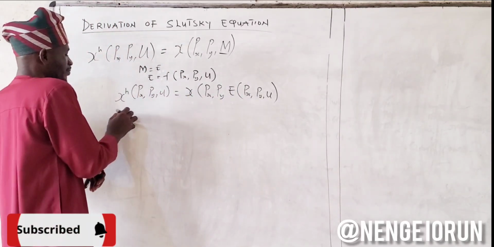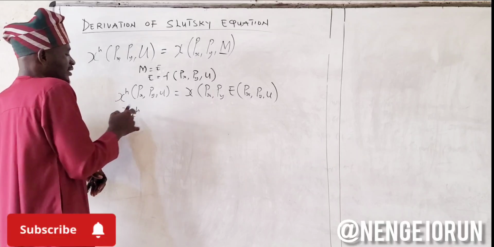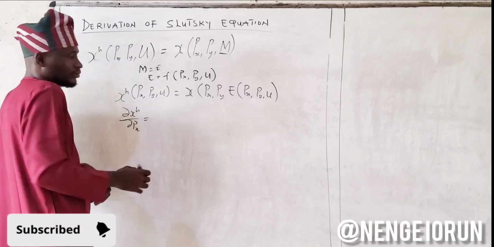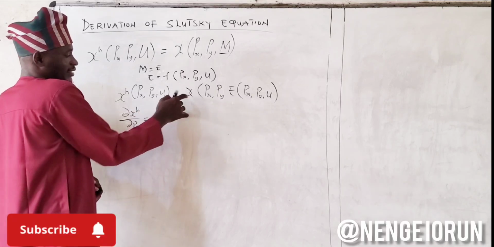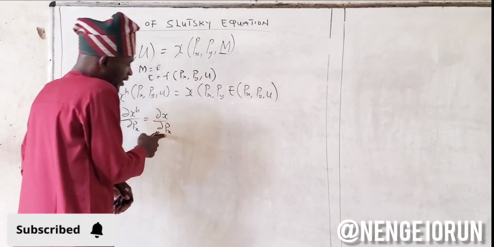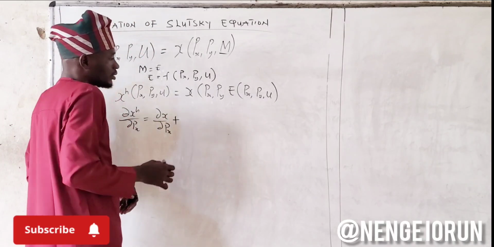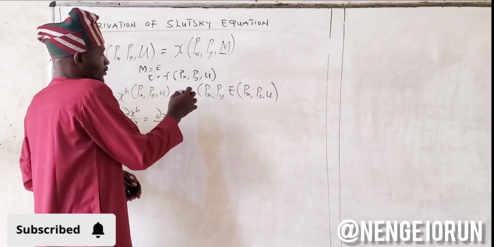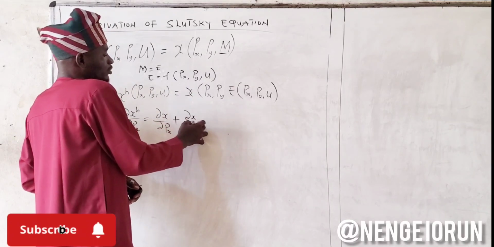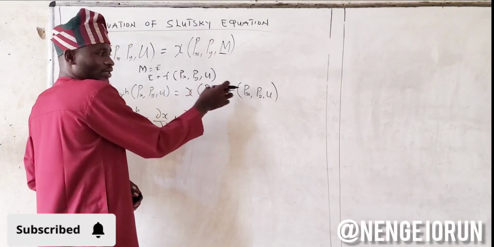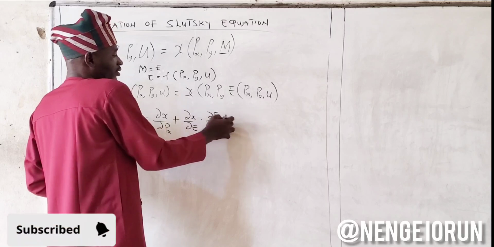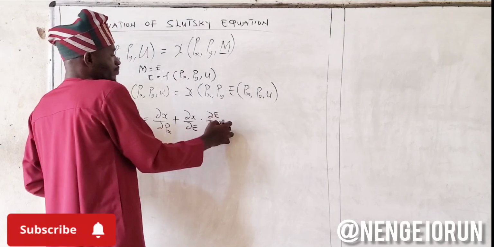In that case, the partial derivative of x as a Hicksian demand function with respect to the price of x is equal to the partial derivative of x with respect to Px, plus, as product rule, the partial derivative of x with respect to E times the partial derivative of E with respect to Px.